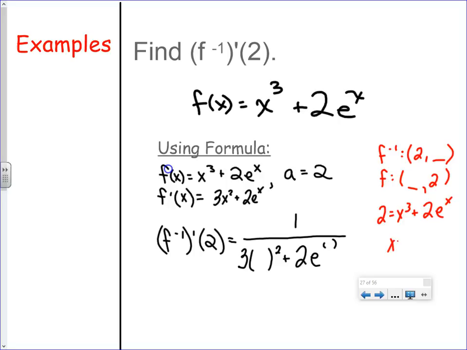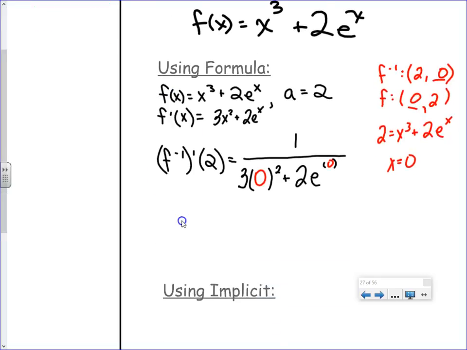So if x is equal to 0, what can I do? There's my b. Look, I see it. Plug in the 0. Solve. 1 over f prime of, not 2. 2 is the y value of the original that we plug and chug.